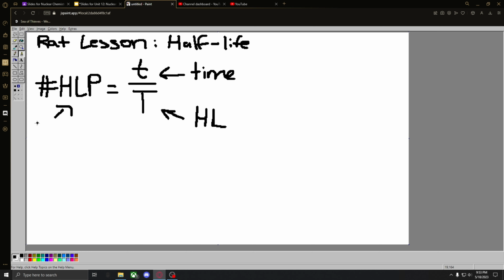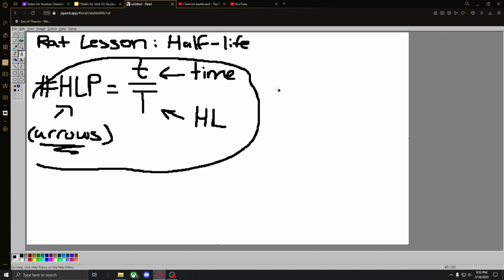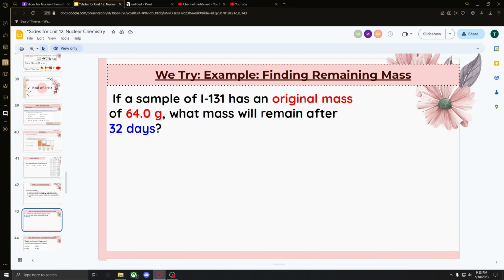The number of half-life periods is also known as arrows. You'll see what I mean by this later. So this is our formula to calculate basically all of these.